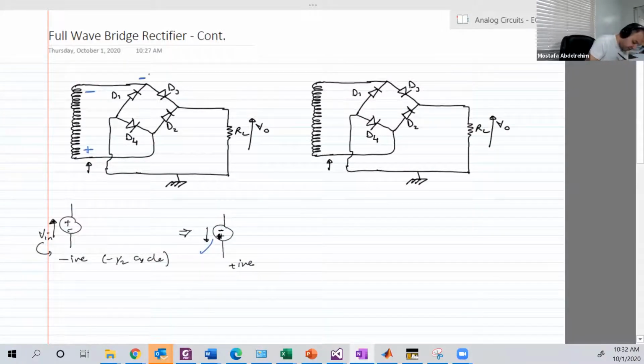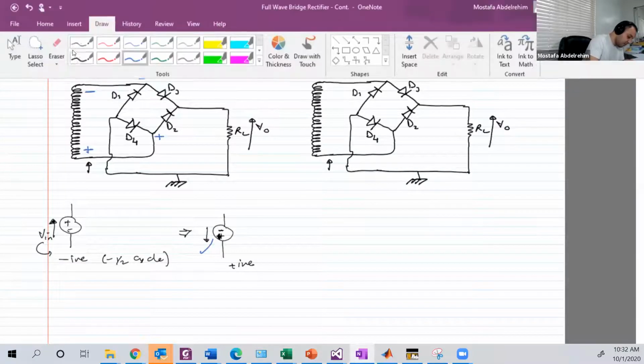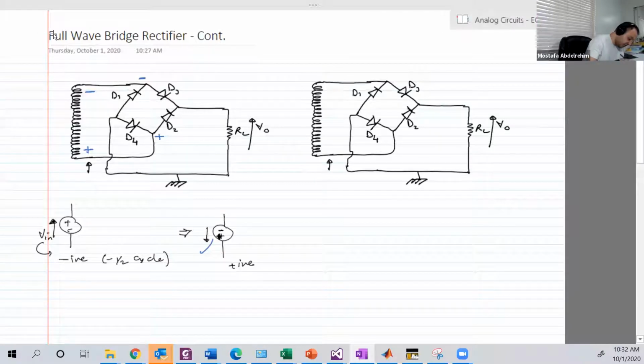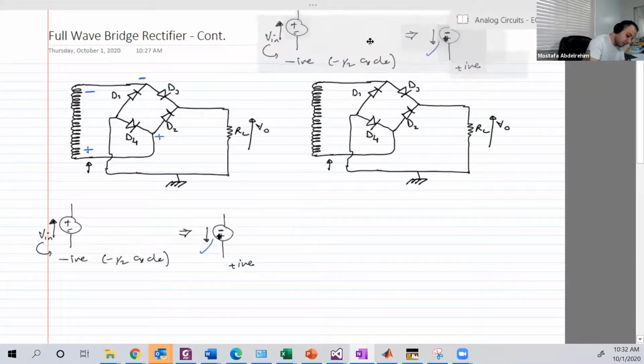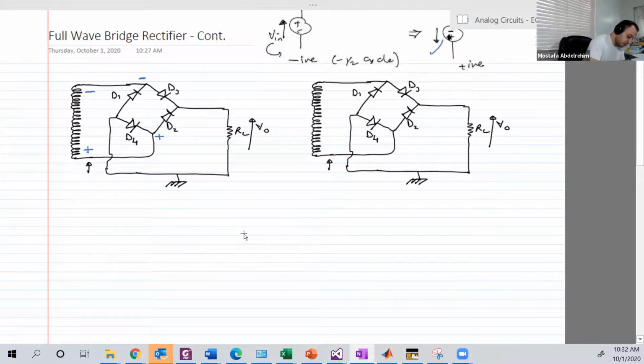So here you have a negative, here you have a positive. Which is forward and which is reverse? Anybody have any idea? 1 and 2 will be forward. Yes. So the N terminal of D1 is closer to the negative terminal of the battery.